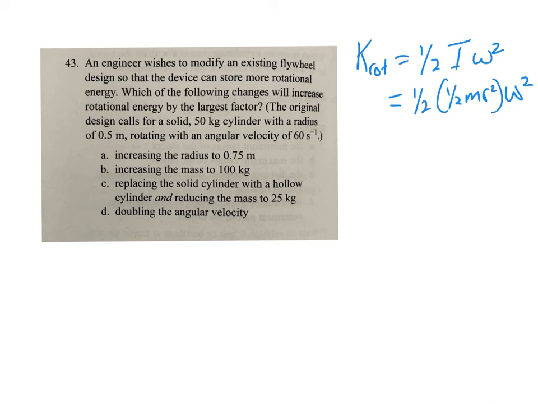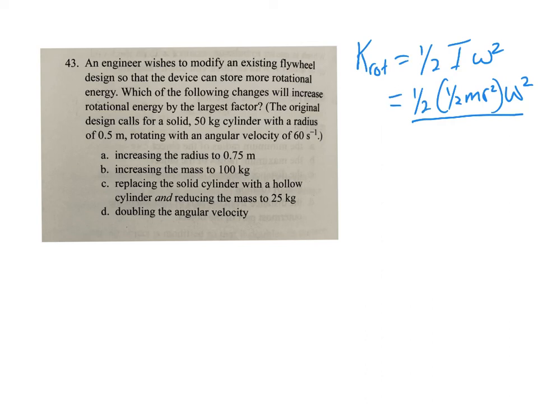Whenever you're dealing with stuff like this, you change what it tells you to change, and you just make everything else 1. This is our generalized formula. We change what it tells us to change on each one of these, and everything else is going to be 1. Whatever happens is the factor we will increase our rotational energy by.